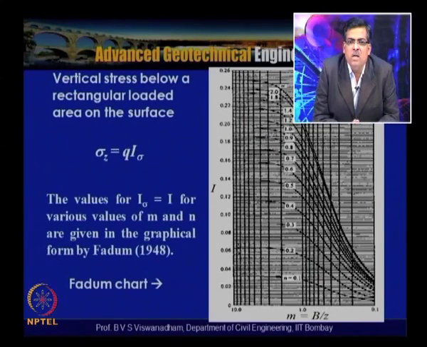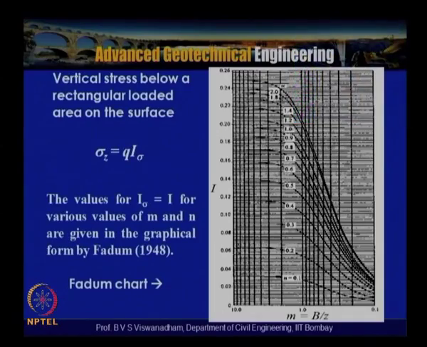In that case m is equal to 1, and depending upon the depth you can get the influence factor. That influence factor you have to multiply by 4 and by the load intensity to get σz.